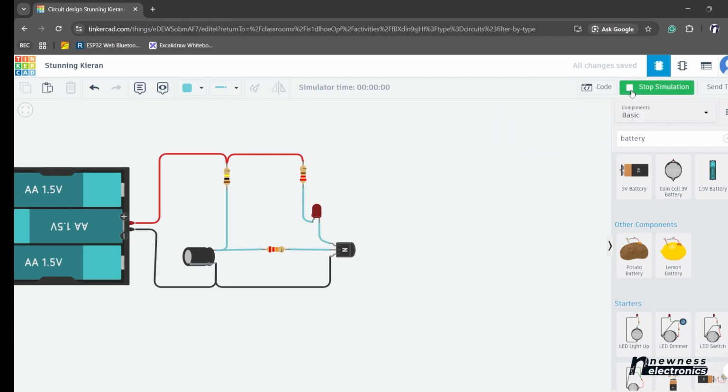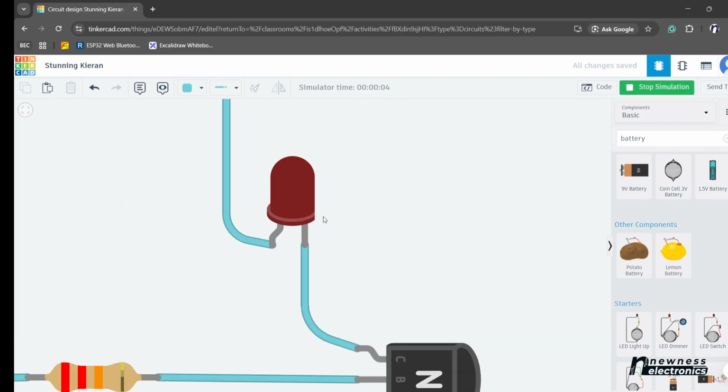and start simulation. Watch out for the time and when the LED comes on. 4 seconds, 7 seconds, 8 seconds, 10 seconds, 12. The LED is not on yet. 15. Yeah, it's beginning to come on now.